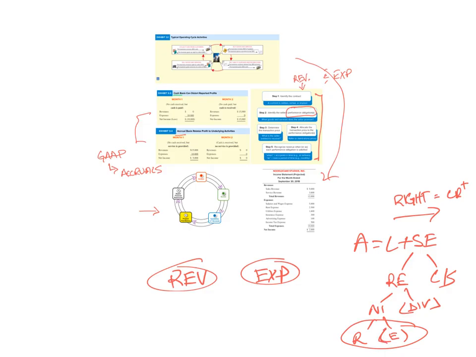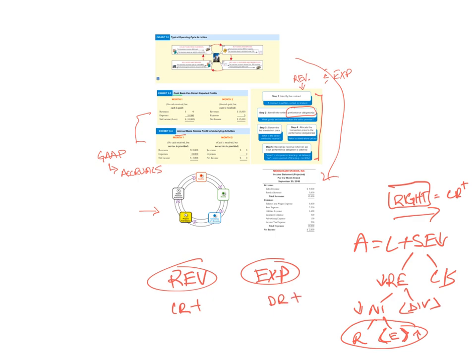But since expenses are in brackets here, they're actually going to increase with a debit. That makes sense because if we were to increase an expense, that decreases net income, decreasing retained earnings, and decreasing stockholders' equity. In other words, we still increase the right-hand side of the equation with a credit. Plus, to increase revenues, we credit, and to increase expenses, we debit.